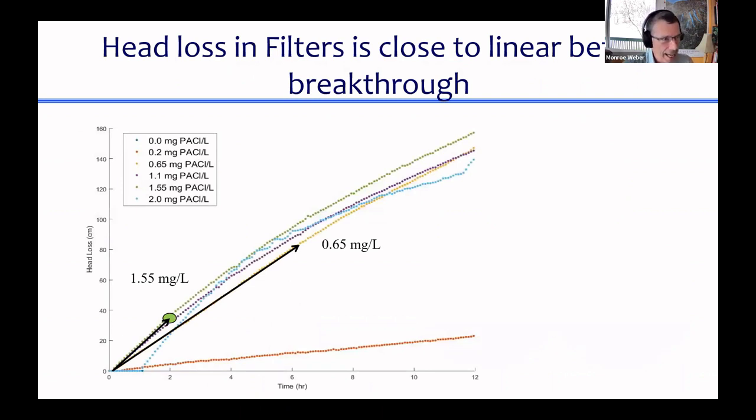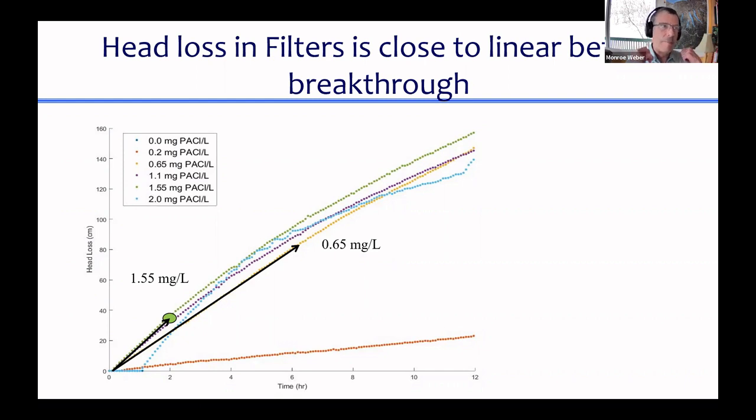So can anyone hazard a guess what makes the head loss or the pressure drop through the filter increase linearly with time? Anyone? Or tell me, does this seem surprising to you?